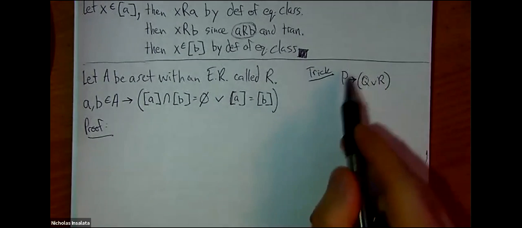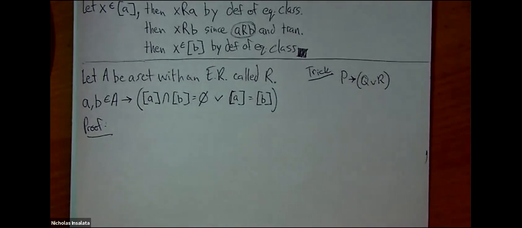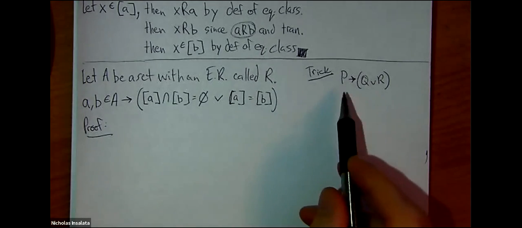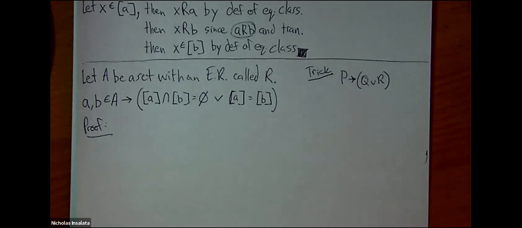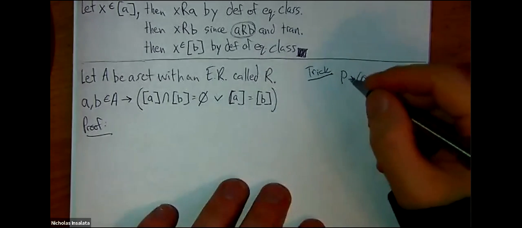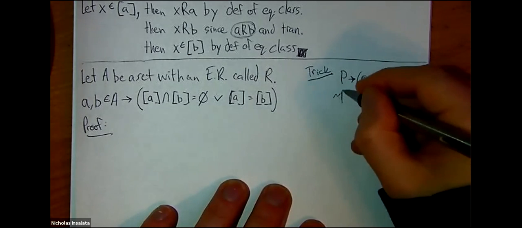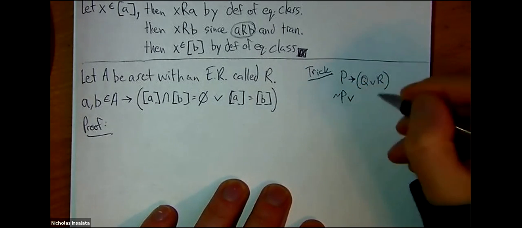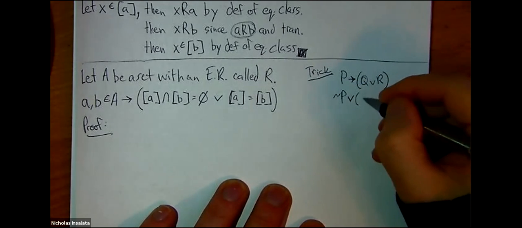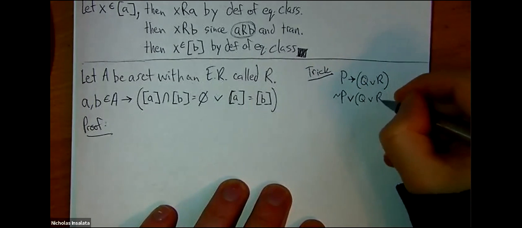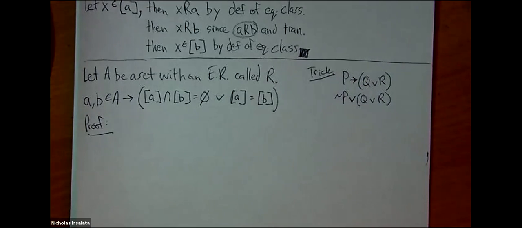What can we do to this form to sort of change it? Like what sort of logical operations could I do? Okay, good. So I can say not P or Q or R. Right? Good. So we're off to a good start.